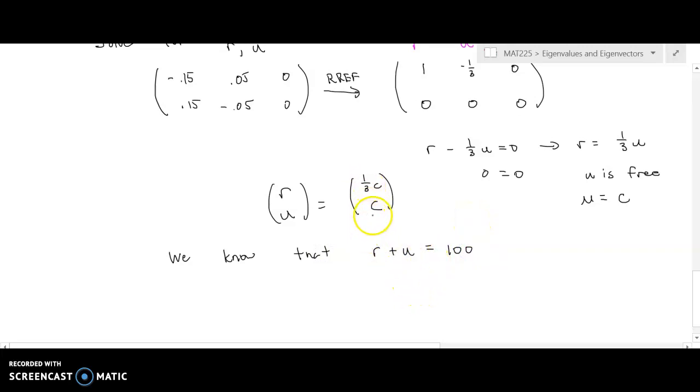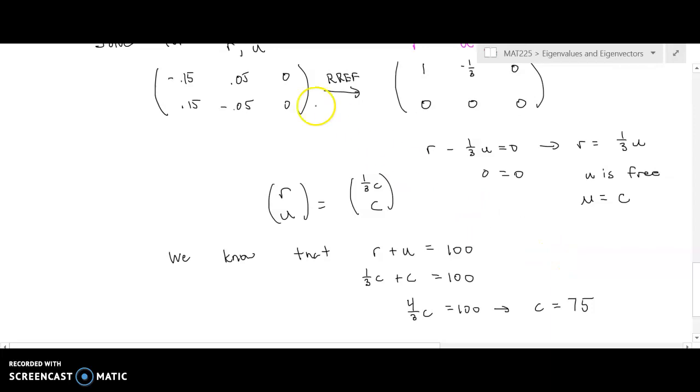So if that's true, and if R is equal to 1/3 of C, that means 1/3 of C plus the U value, which is C, has to equal 100. And so 1/3 plus 3/3 C is 4/3 C, and we can solve for C now. And that tells me that C is going to equal 3/4 of 100, which is 75.